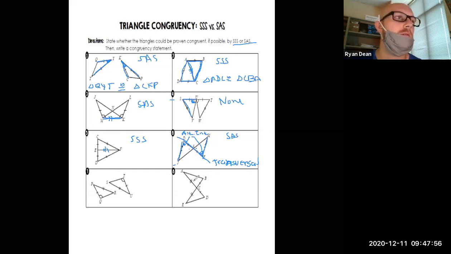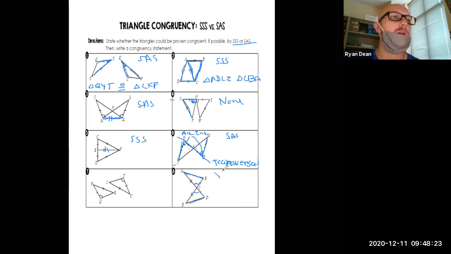Number 8 down here, you can't do anything with ED and AB, there's no way for you to say that they're congruent. So side, side is out of the question. Side, angle, side, though, is still in play, but we just have to figure out if we can say that these two angles are congruent.